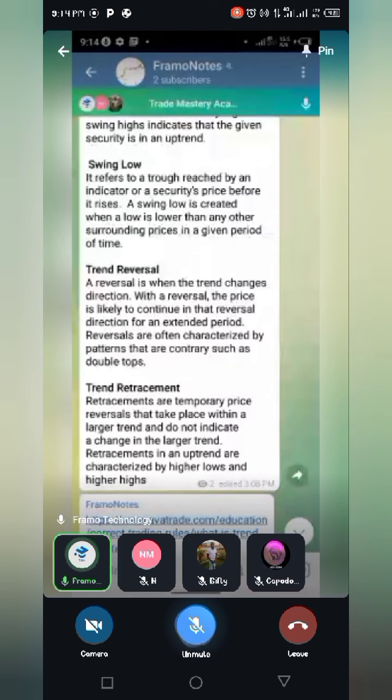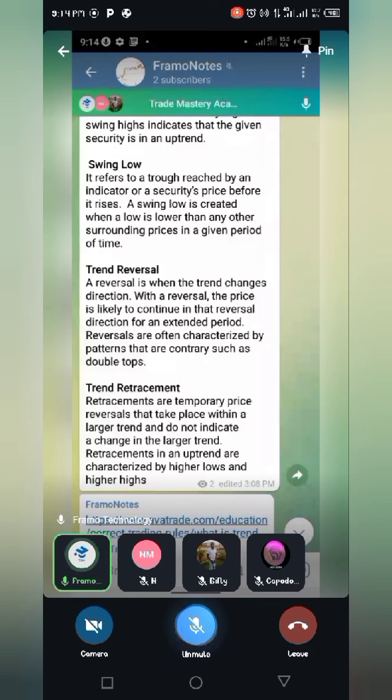The patterns. So if a bullish reversal is formed, it means what? We are changing the trend from what? Downward trend.